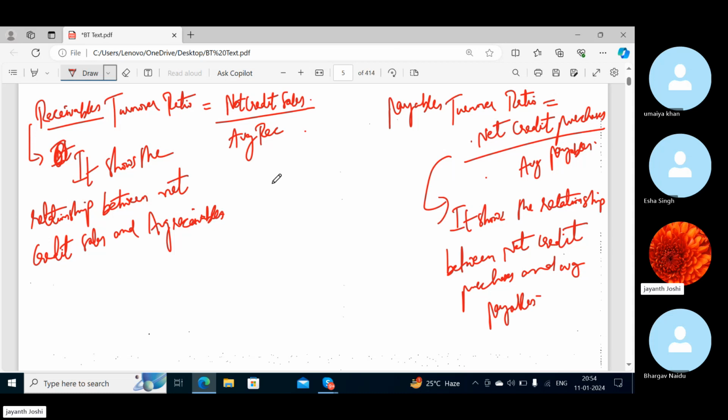Let's say we have made a credit sale of $100,000 in this particular year, and whenever we send our collection team to collect the money from our customers, we have an in-house department which collects the money. In today's time, customers won't come and pay, so we have to approach them.